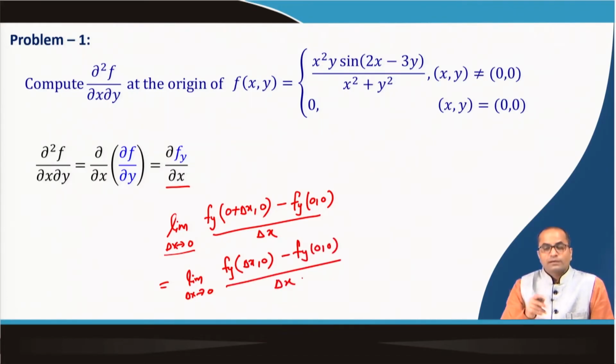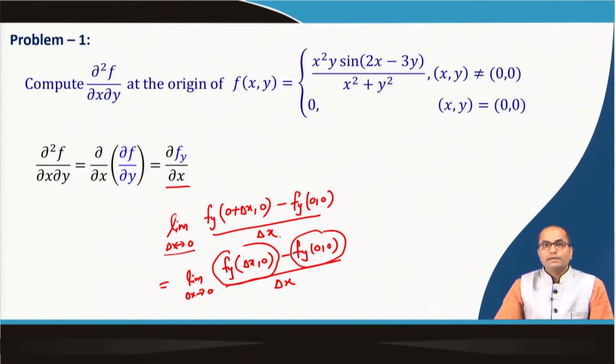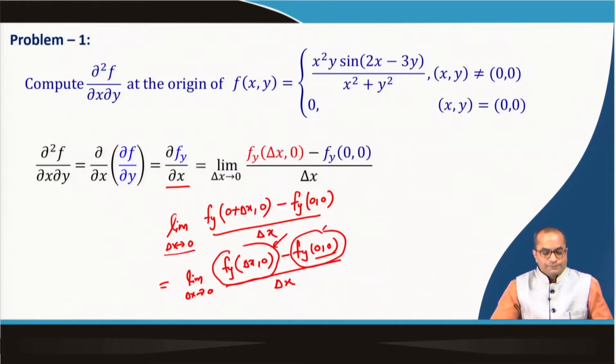We have the limit delta x to 0 of f_y, the function which we are differentiating with respect to x, evaluated at (delta x, 0), minus f_y(0,0), divided by delta x. But in this evaluation, we need the partial derivative of f with respect to y at the point (delta x, 0). Also we need the partial derivative of f with respect to y at the origin (0,0). These two terms we have to evaluate separately, and then substitute here to find this limit, which will be the second order derivative of f.